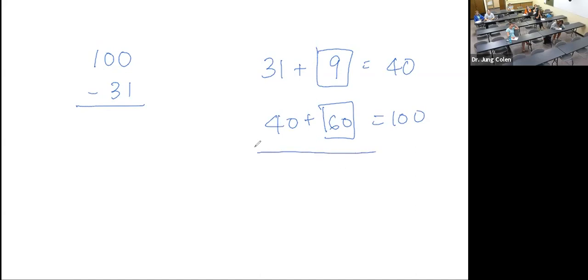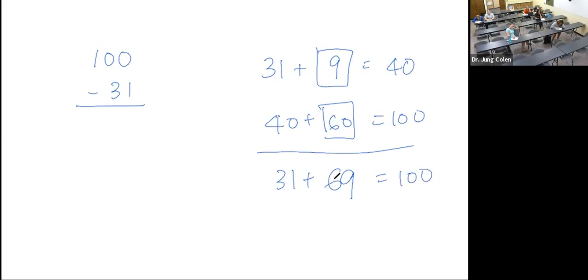And where do I go then? 40. And from 40, I can just add what to make 100? 60. That's so much easier. And then what is the difference? How much I added, right? So that is 69. We know that from 31, if I add 69, I can get to 100.